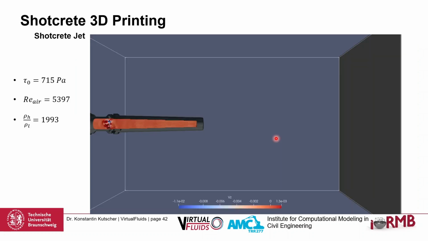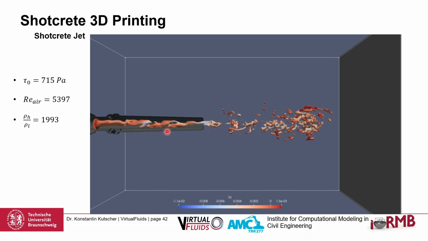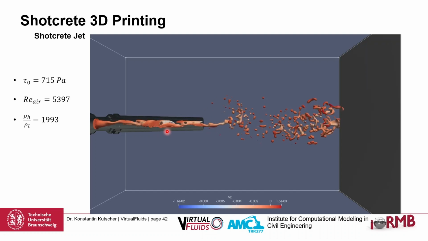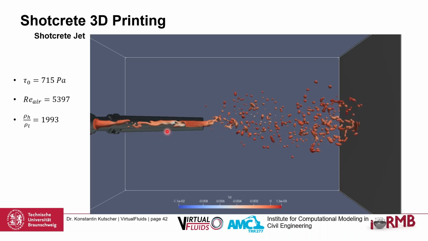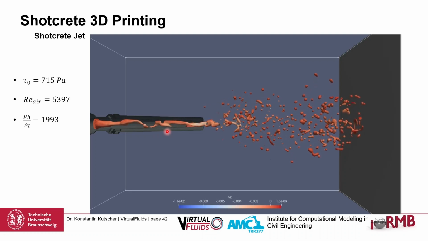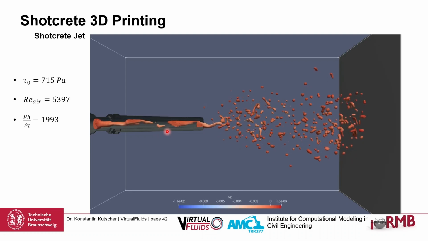Okay, the last slide is the simulation of this shotcrete jet. Again, this is the nozzle geometry and this multi-phase model, but without the particles, since we could not yet solve the problem of coupling particles with multi-phase flow.